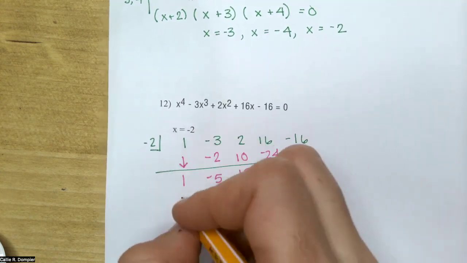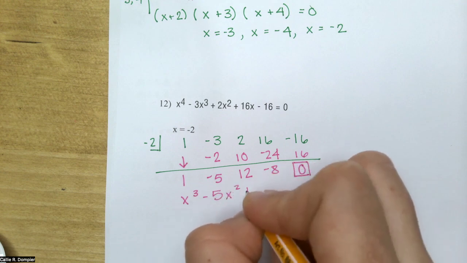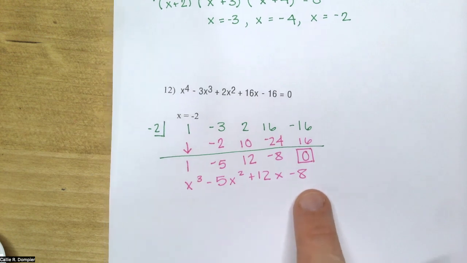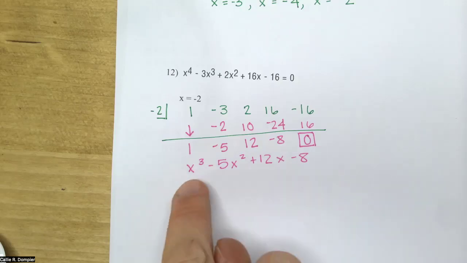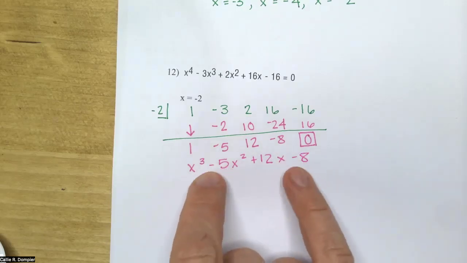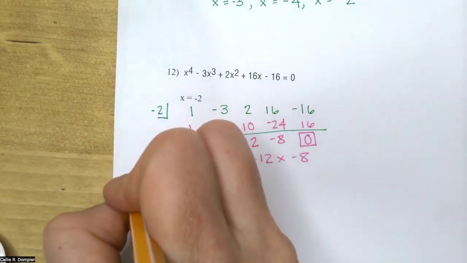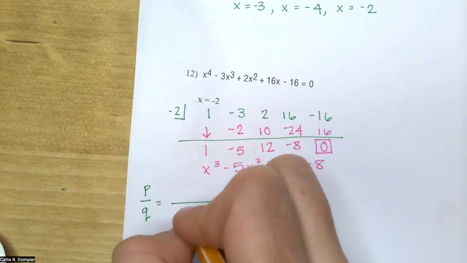We've still got 4 terms, so we've got x cubed minus 5x squared plus 12x minus 8. Good. And we've got to find another 0, right? Can I group these and divide them? I cannot. So we want to do P over Q. Thankfully, Q is still just 1.